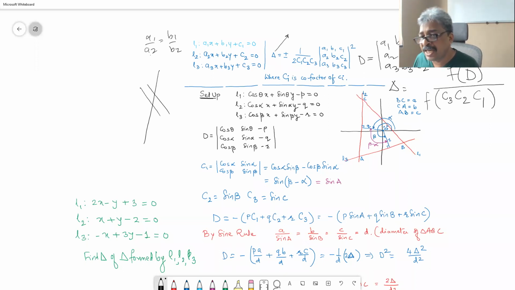And maybe if all three lines are parallel, still the denominator would become 0. And this function would be different. So the numerator is going to be a function of D, and the denominator is going to be a function of some C1, C2, C3.